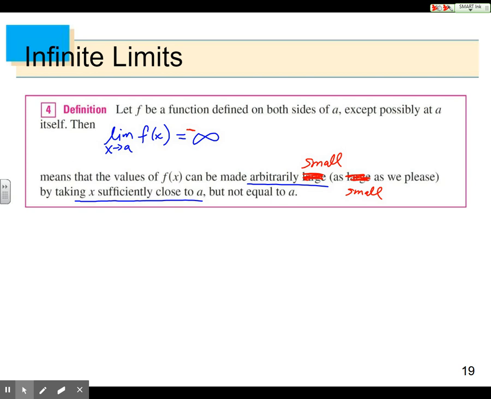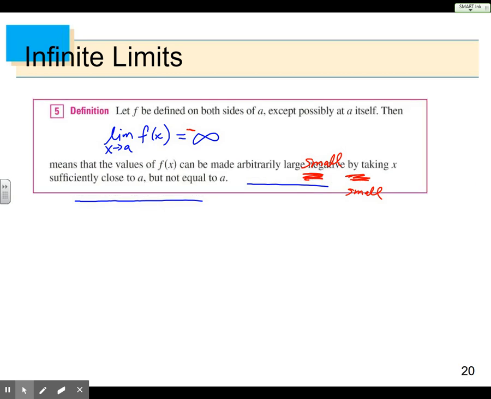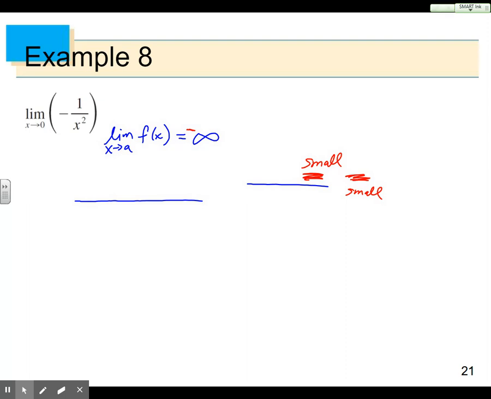So we could have gotten negative 1 million, negative 1 billion if we would have thrown a negative in there in the right spot by taking x to be sufficiently close to a. Still, either way, whether we get infinity or negative infinity, the limit's not going to exist. But I want you to denote to me whether you're getting infinity or negative infinity. Okay, I've already done that definition.